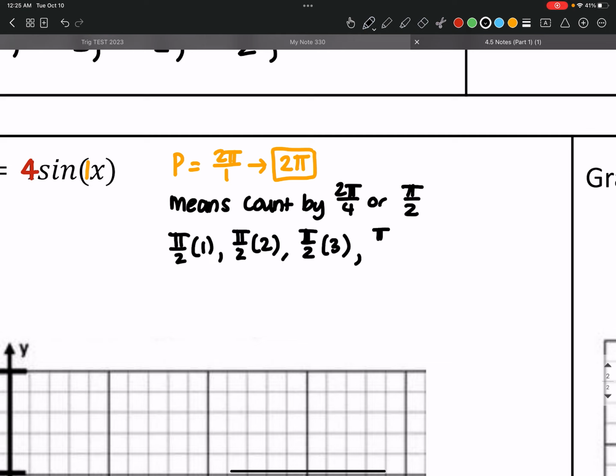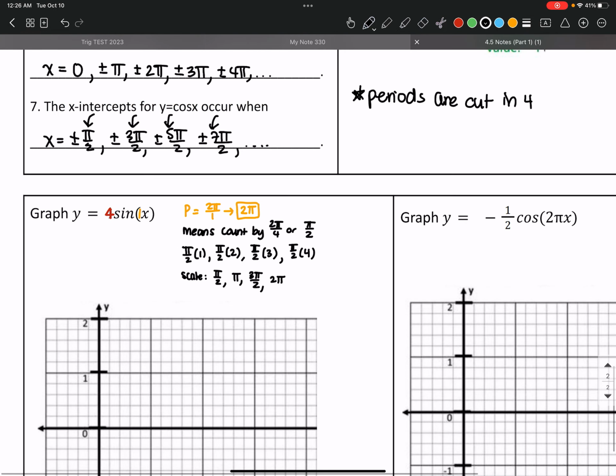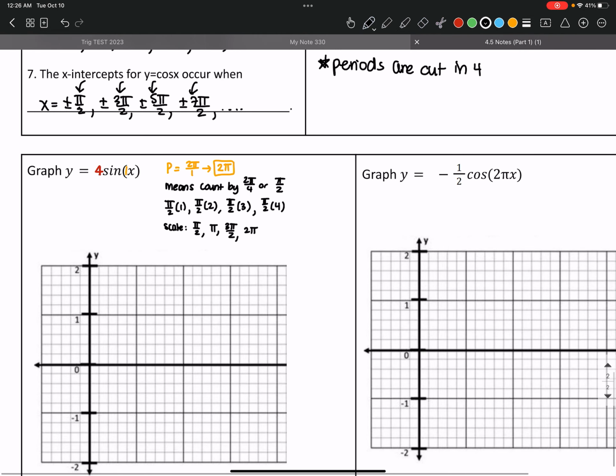And then pi over 2 multiplied by 4, and that will be the fourth number, etc. So the scale is going to be pi over 2 as the first thing, then pi over 2 times 2, which is pi, then pi over 2 times 3, which is 3 pi over 2, and then pi over 2 times 4, which is 2 pi. And that will be how I'll scale my graph.